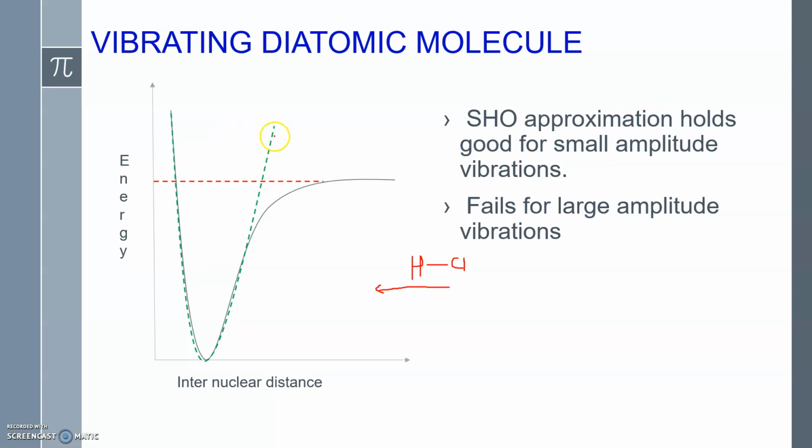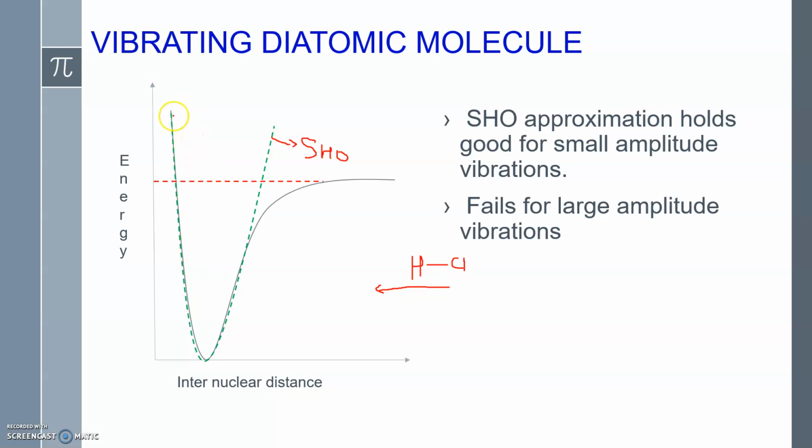You can see that the green curve represents the potential curve of a simple harmonic oscillator. The potential is parabolic, so it will not undergo dissociation even for very large amplitude vibration.